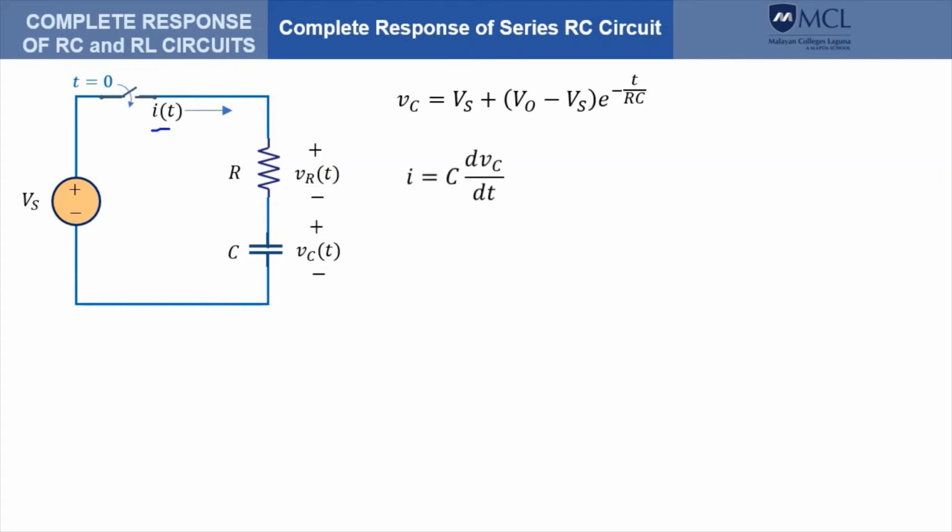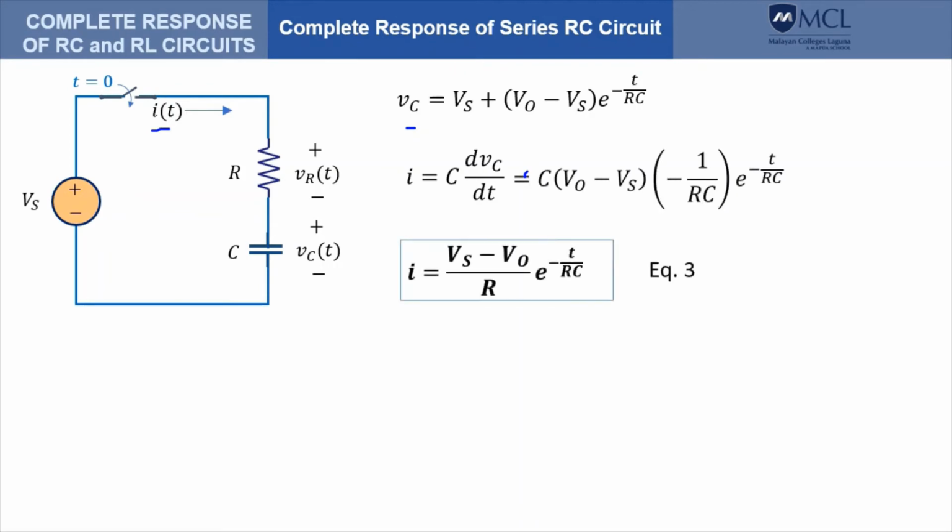So from the relationship given by this equation, we can get the derivative of V sub c, okay, and that will give us a current that is shown by equation 3. We can plot I, so that is the plot of the current through the capacitor and through the entire circuit as well.